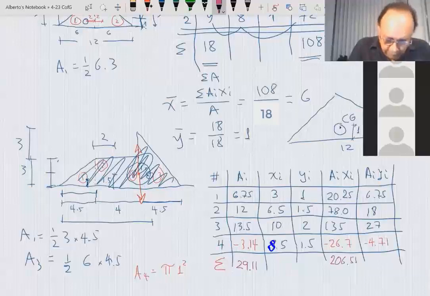You should get 29.11, 206.55, and 47.04.